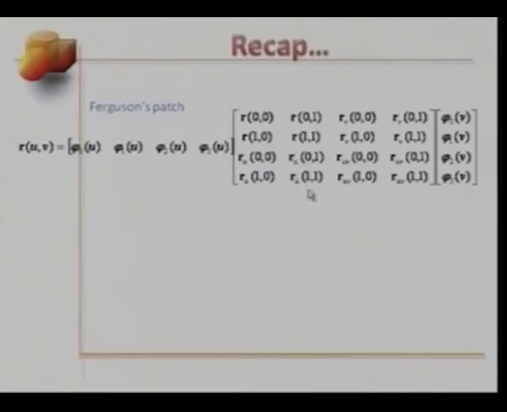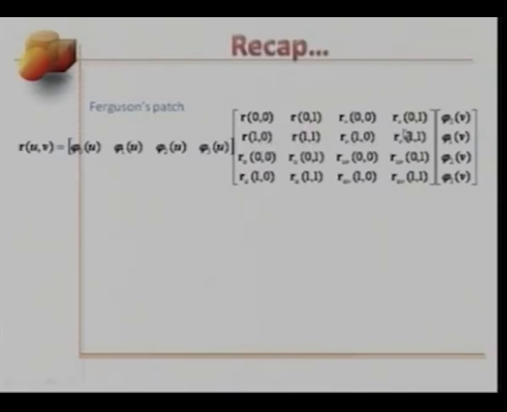This geometric matrix here, you can think of subdividing into 4 parts. Draw a vertical line here and draw a horizontal line here. This part here contains the point information evaluated at u equals 0, v equals 0, u equals 0, v equals 1, u equals 1, v equals 0, and u and v both equal to 1.